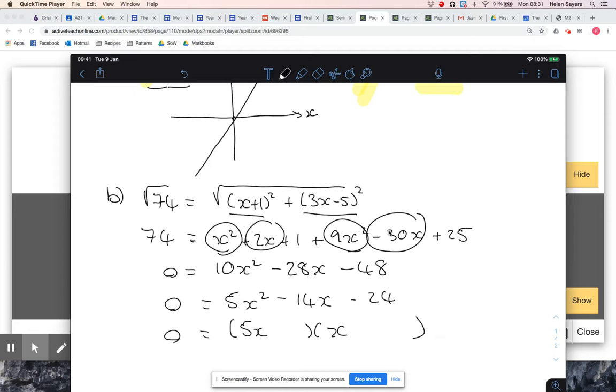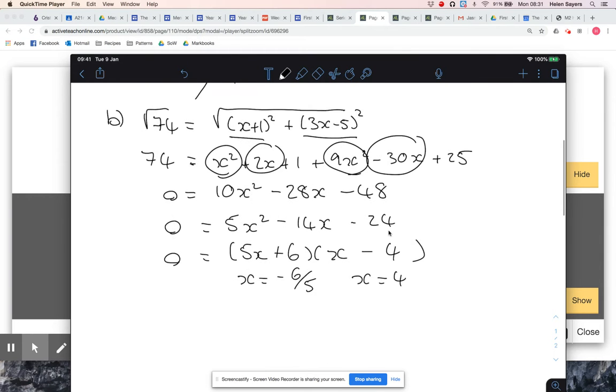What can I get? 6 and 4, 4 and 6 I think is going to work. So if I put 4 there and 6 there, I can get minus 20x plus 6x. So x is minus 6 over 5, or x is 4, and then I need the coordinates.